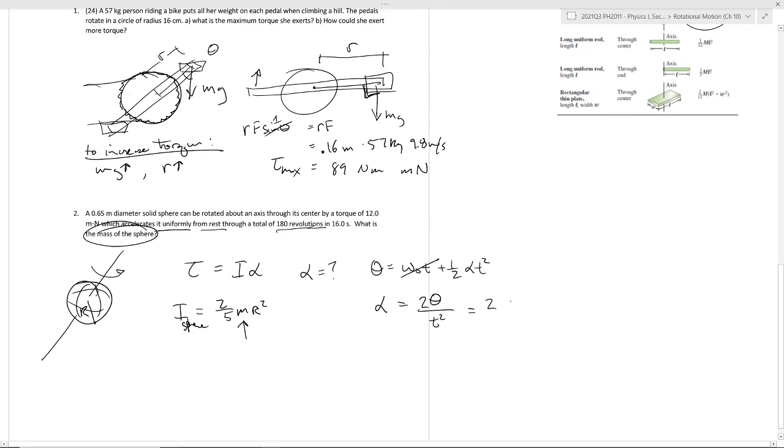Now, the total amount of angle would be 180 revolutions times 2 pi, because there's 2 pi of angle per revolution, and then divided by our time squared. And when we crunch those numbers, we would find that the alpha is about 8.8 radians per second squared.